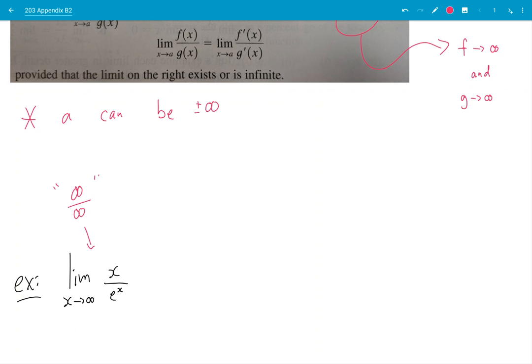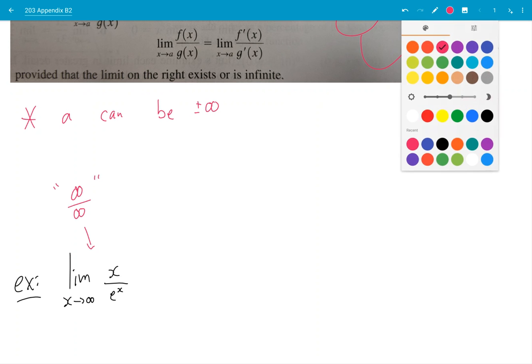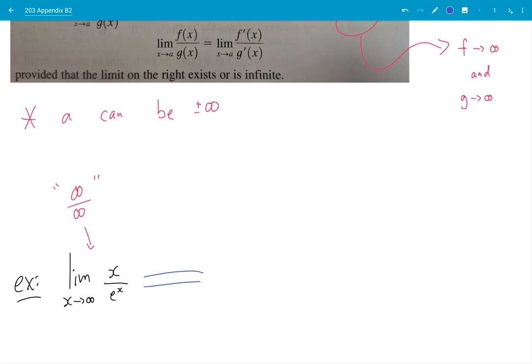So you could say it's of that form. So we can use L'Hopital's rule. So sometimes you'll put an equal sign with an h on top to indicate you're using L'Hopital's rule. So we can replace that with the derivative of x over the derivative of e to the x. I've already written x goes to infinity here, so you don't have to write it here if you don't want to.